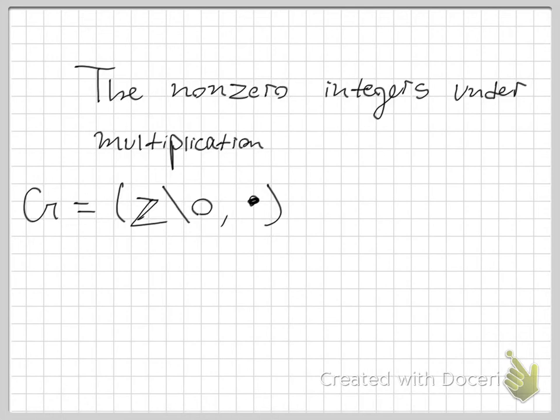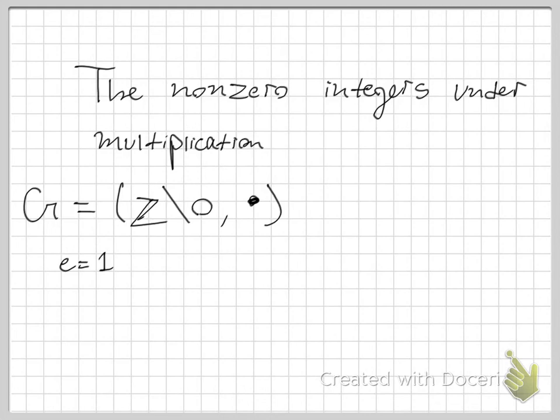So remember I said it has to be closed under the operation. No, that's not the problem. The problem is when it comes to the identity. For this group G, our identity E is equal to 1. 1 is our identity, right?